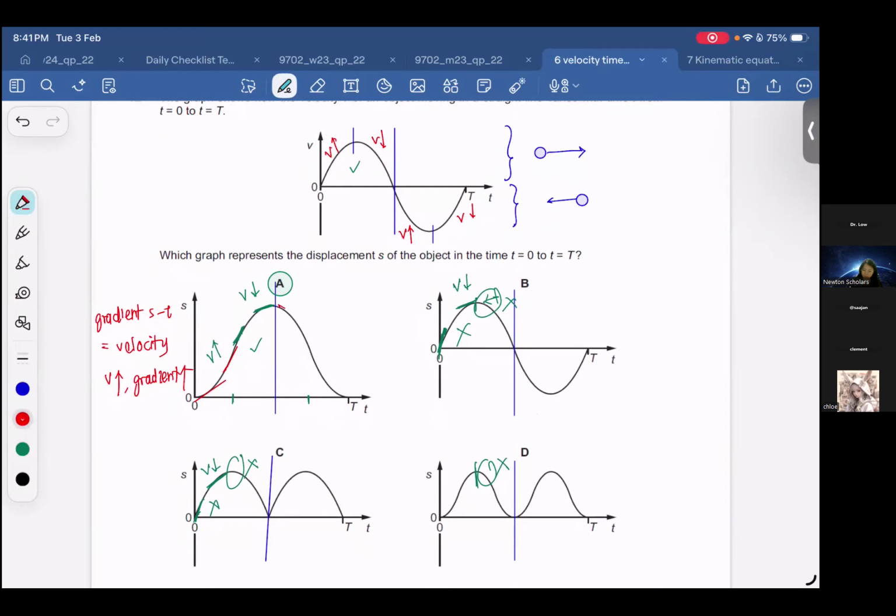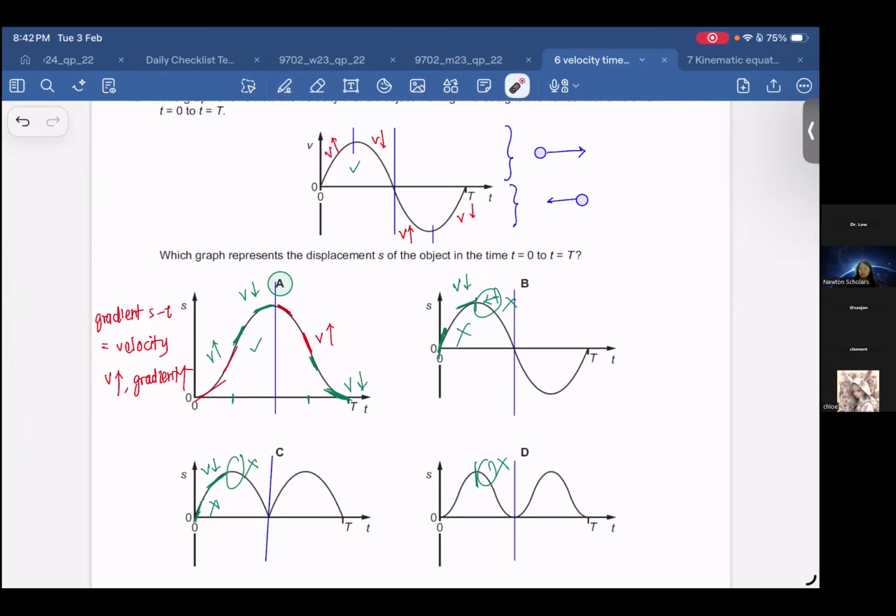Okay, then I draw it here like this and like this. The gradient increases, so velocity is increased. Then after that, here like this and like this. So velocity decreases because the gradient decreases. Okay, any question?